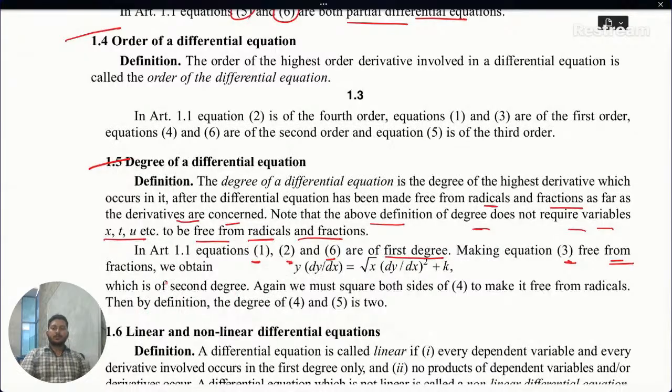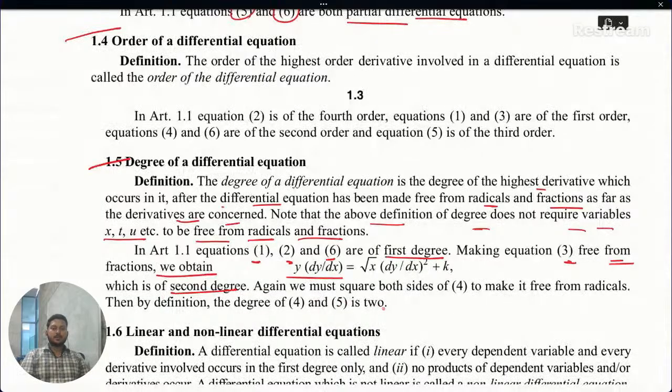We may obtain y dy/dx = under root x (dy/dx)^2 plus k, and the degree is that of the highest derivative after clearing the radical. Here the highest derivative power is 2, so the degree is 2, which is second degree.